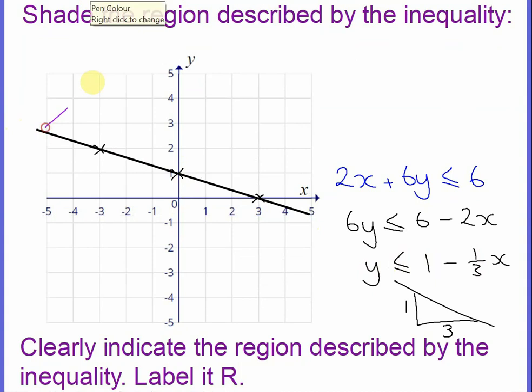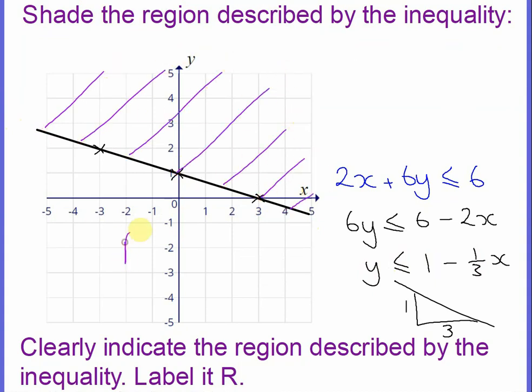So we want to cross off the bit above, and this is the region we want. If you're unsure, test. You don't have to always pick (0, 0), but it's easy, isn't it? Is 2 zeros plus 6 zeros less than or equal to 6? Yes, so this is where we want them.